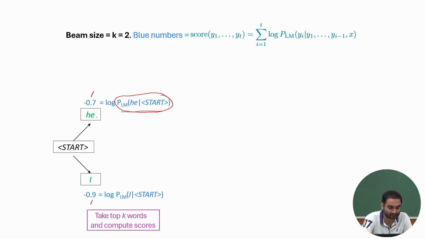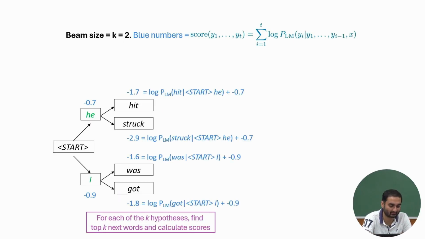Which one will I choose? I don't need to choose, because the value of k is already 2. Let's explore this further. From he, the next two tokens can be heat and start. From I, the next tokens can be was and got.